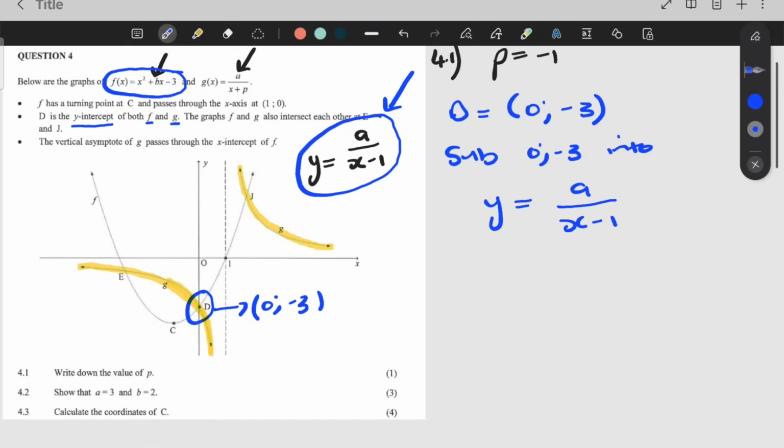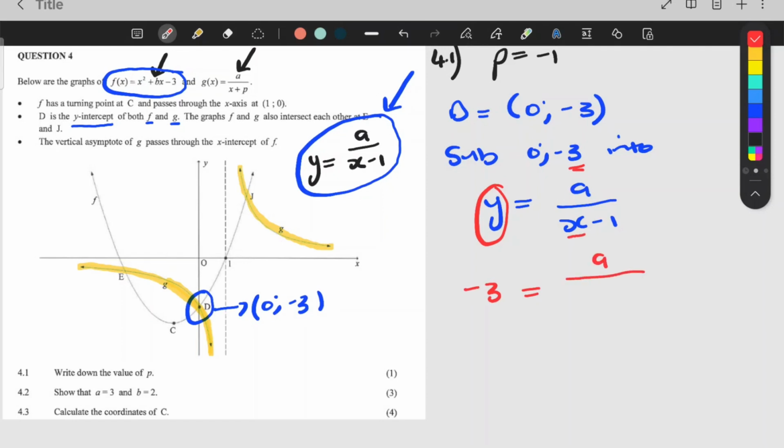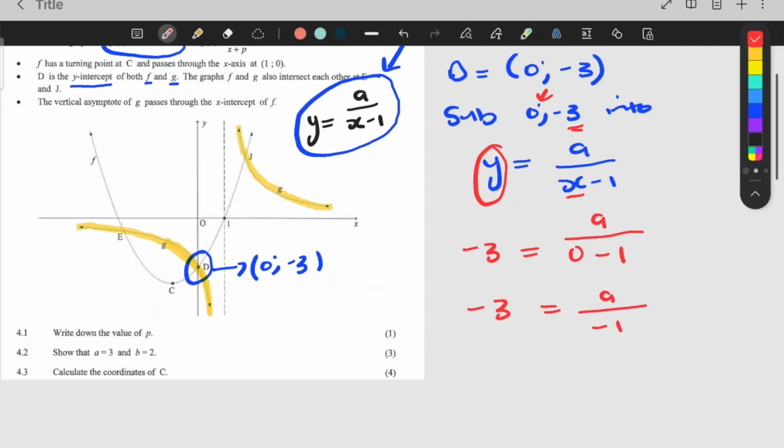Wherever there is a y, I'm going to write negative 3. And wherever there's an x, I'm going to write 0. So negative 3 equals a over 0 minus 1, which is a over negative 1. Then I'm going to cross multiply: negative 3 times negative 1. I get my a to be positive 3. So there it said, show that a is 3.